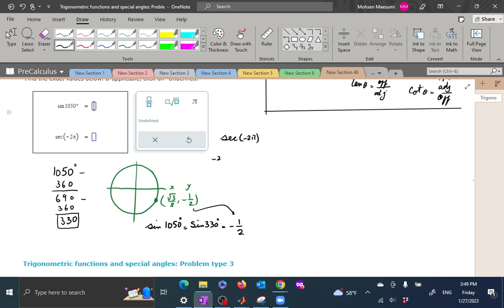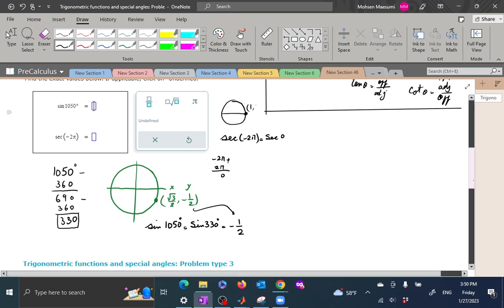So I take minus 2 pi, add 2 pi to it, so I get 0. So that means I've gone around the circle. Now this is same as secant of 0. Secant of 0, so I remember secant of 0. I am at this location. The coordinate of that location on the circle is 1, 0, and secant is 1 over x.